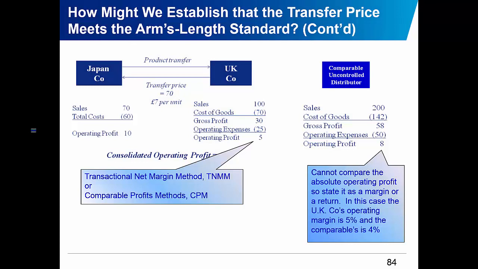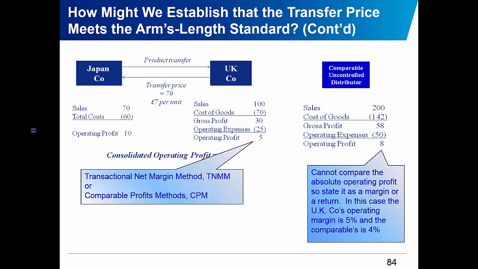Since we can't compare the dollar amount, we'll ask the question of, is the UK's operating margin, which is operating profit divided by sales, about equal to that of the comparable uncontrolled distributor, who's got an operating margin calculated as the operating profit of 8 divided by sales of 200, or 4%.